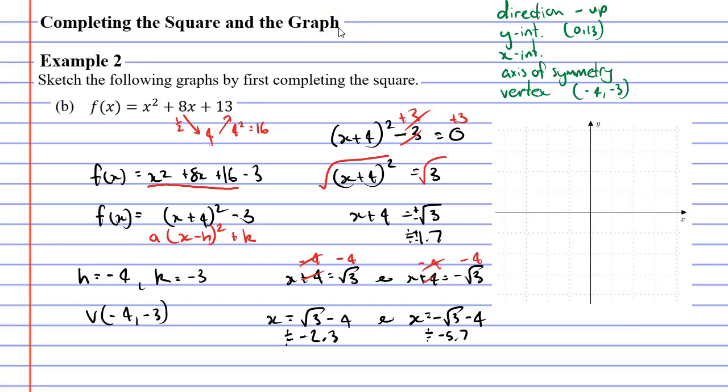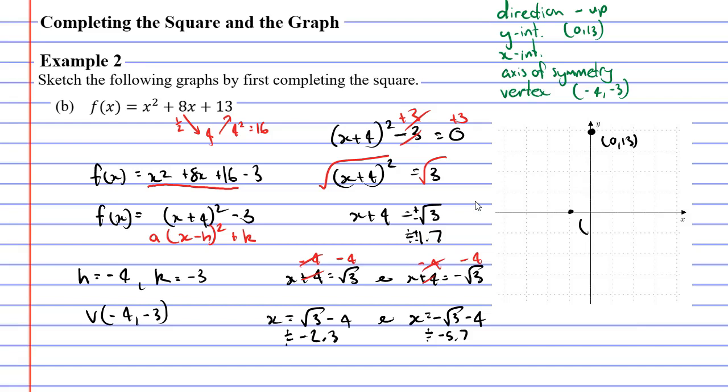So I'm going to label my y-intercept first. I'll label it up here as 0, 13. Remembering that we pick a scale that allows us to sketch the graph quickly and neatly. When I plot my x-intercepts, I'm going to look at the decimal. I have negative 2.3, so I'll plot that here.